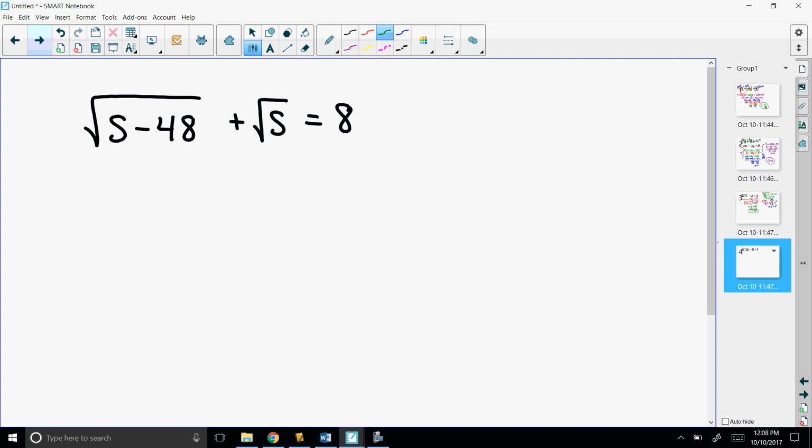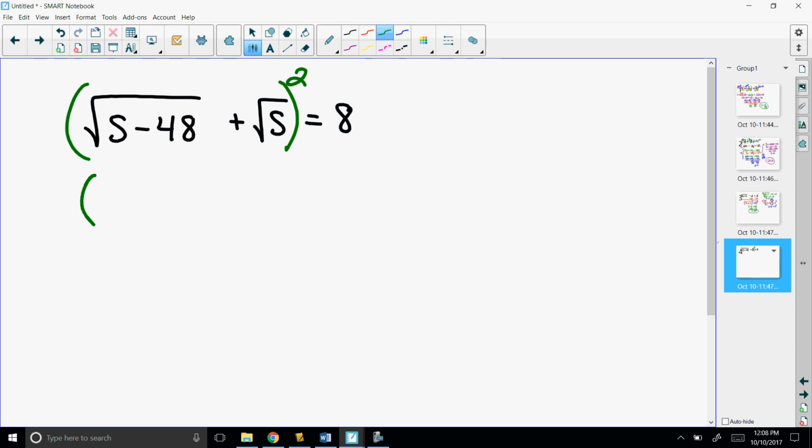When we think of it, how do we get rid of a cube root? You cube it. How do you get rid of a square root? You square it. So some of you might think, well, the last time I moved the constant over to the other side and kept the radical on one side. My radical's on one side, so I'm just going to go ahead and square this. What does it mean when you square it?